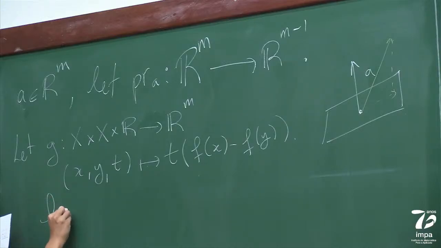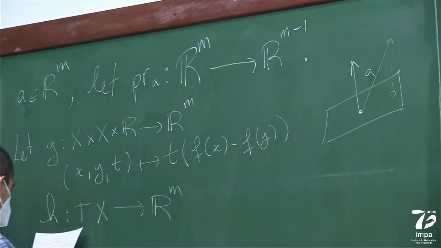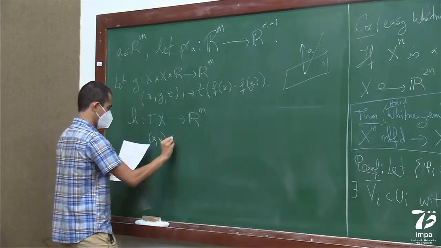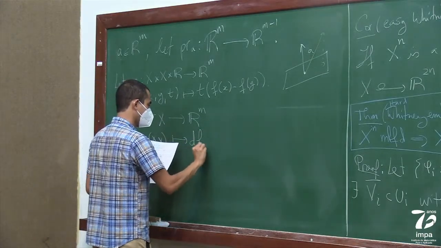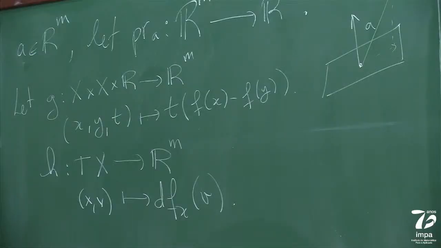And H, which is a function that goes from the tangent space into Rm, takes x and v to the differential of f at x applied to v.